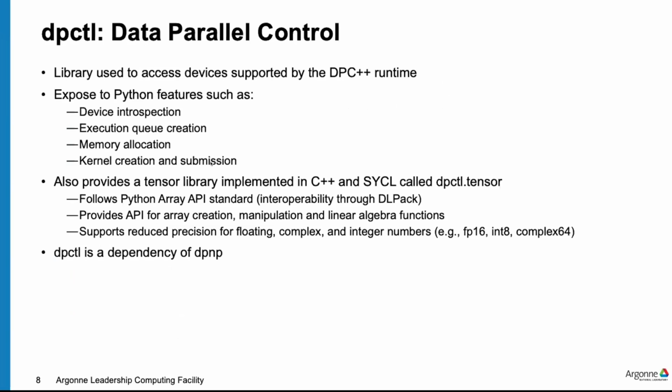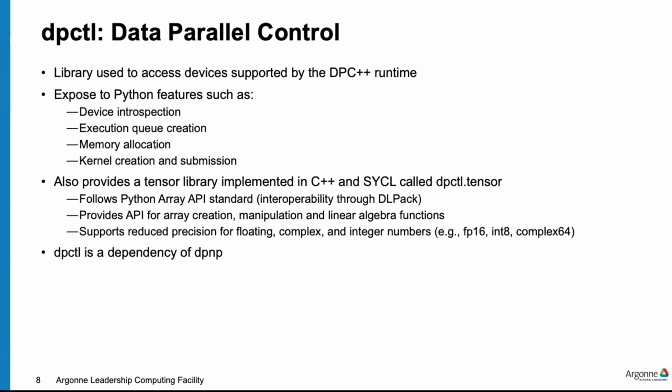Okay, now DP control. This is a library that is complementary to DPNP, but it's really intended for users to access all the devices supported by the DPC++ runtime and expose features such as device introspection, creating specific queues, or the memory allocation types.